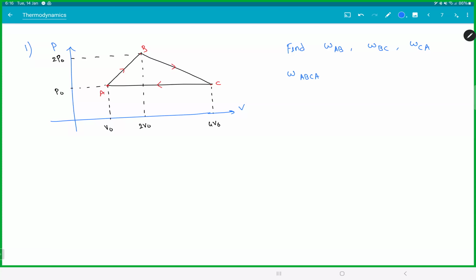Get this? Just to give you an idea, if I ask you the work done from A to B, what is this? This is a curve, so I'm asking you this trapezium's area, isn't it? Area under the curve. So you just need to find that area. I'll give you a minute.